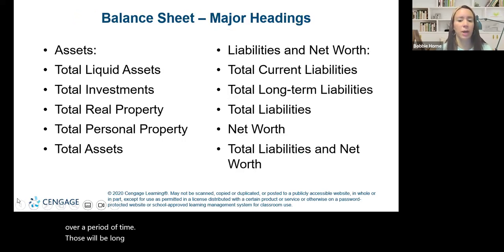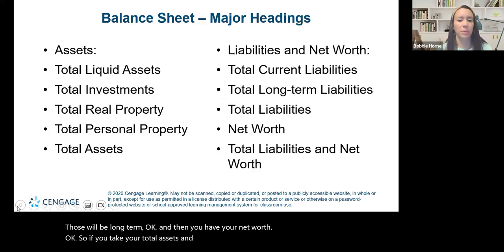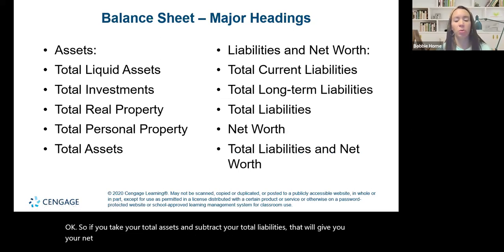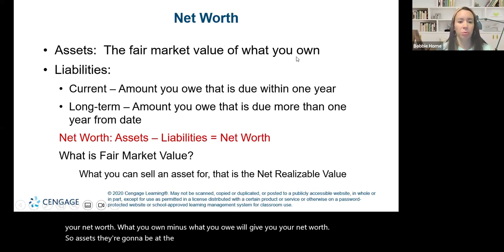Okay, and then you have your net worth. Okay, so if you take your total assets and subtract your total liabilities, that will give you your net worth. What you own minus what you owe will give you your net worth. So assets, they're going to be at the fair market value of what you own.